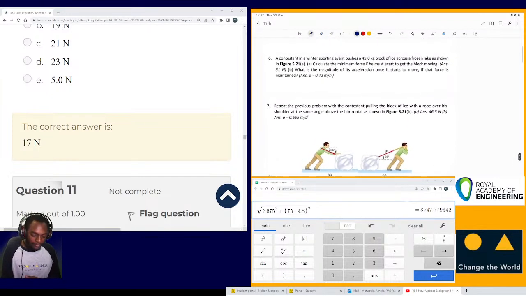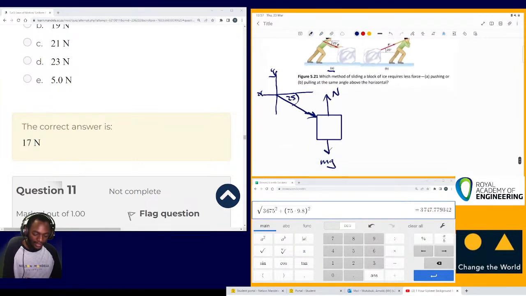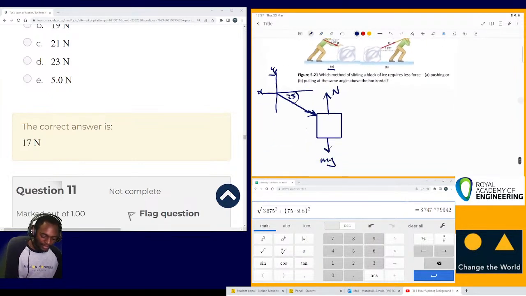If there's friction, of course, static friction. In which direction? In the negative x. Yes, so Fs. And now we have to form equations in the x and in the y.